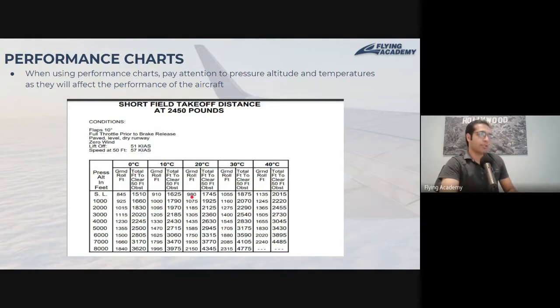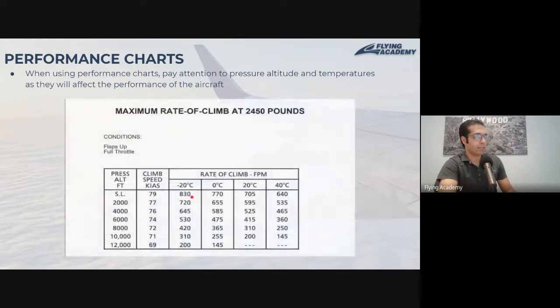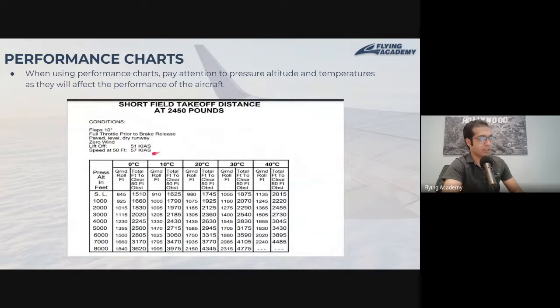Same goes for the landing. Okay, in this case, maximum rate of climb again. The weight is 2450. So let's go back to something I should mention here. Based on this configuration for the short field takeoff, you should have 10 degrees of flaps and advance the RPM or the throttle, which is the same thing.